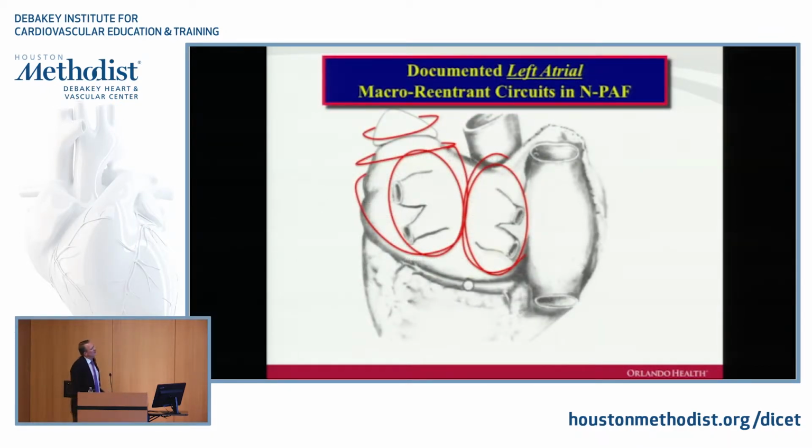So what we're really talking about is, as you've just seen, the documented left atrial macro-reentrant circuits that perpetuate non-paroxysmal atrial fibrillation. If we can have an anatomic way of ablating those, then it makes sense that we ought to have a highly efficacious procedure.